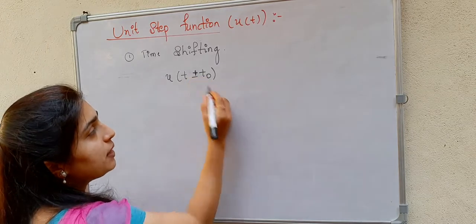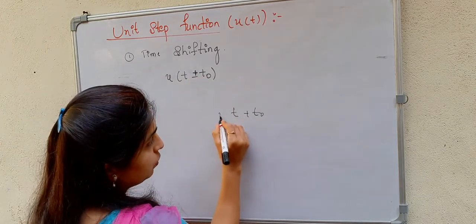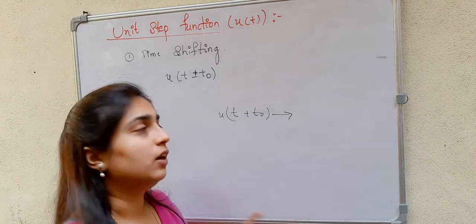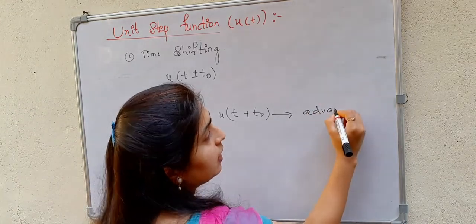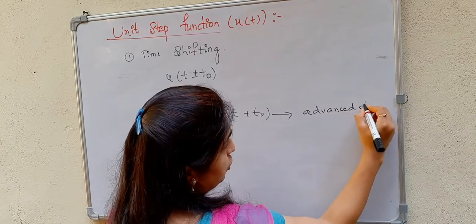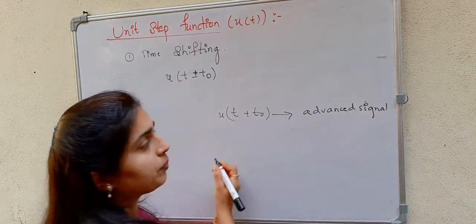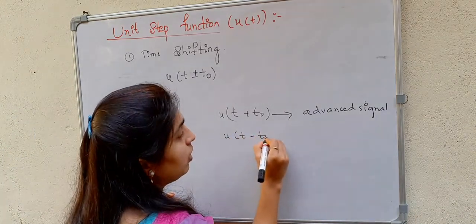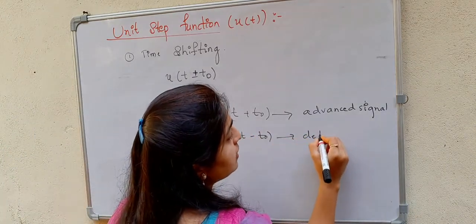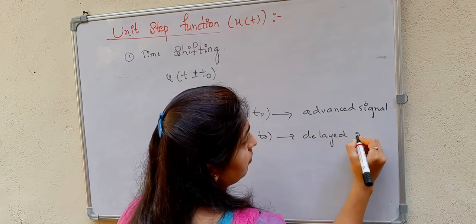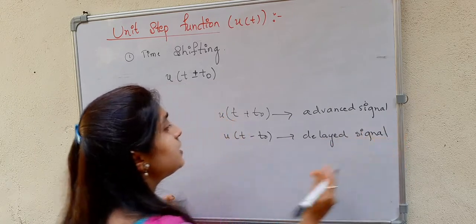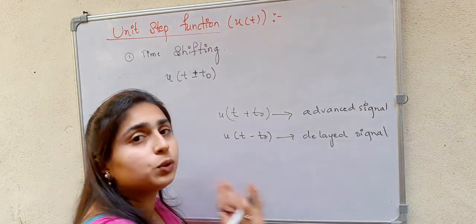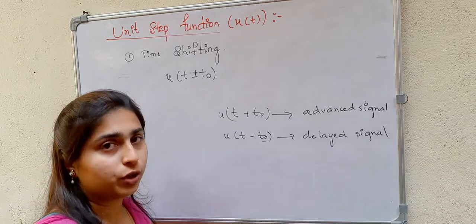So u of t plus t naught will give us the advanced signal. That means it is shifted towards the left by t naught units. u of t minus t naught will give us the delayed signal. That means the function u of t is shifted towards the right by t naught units.